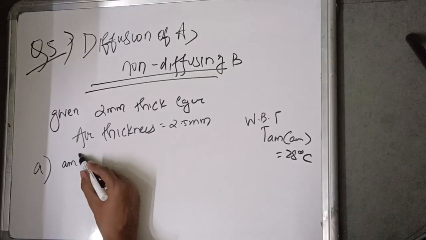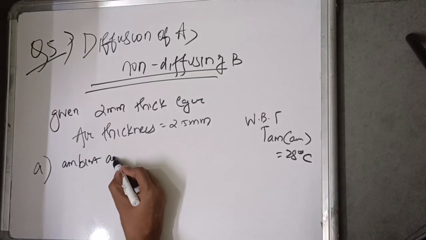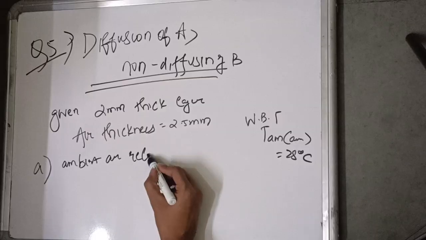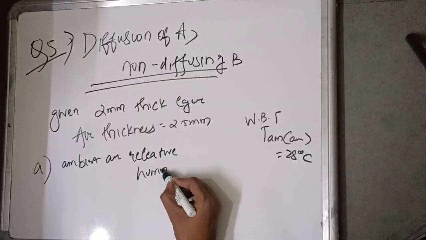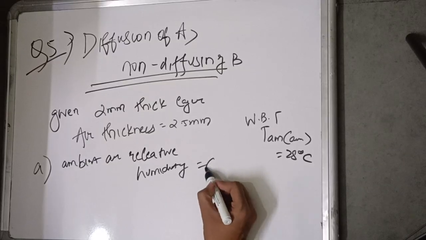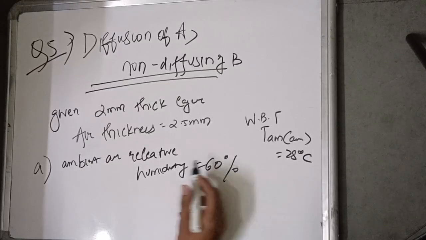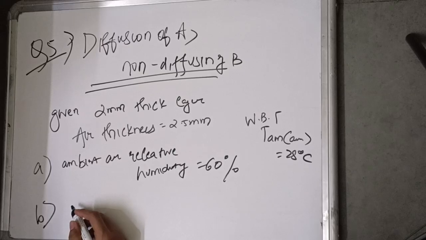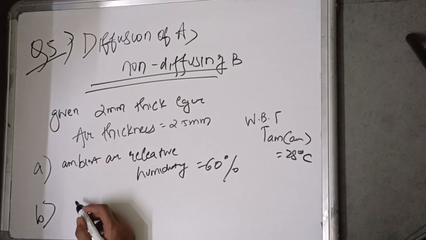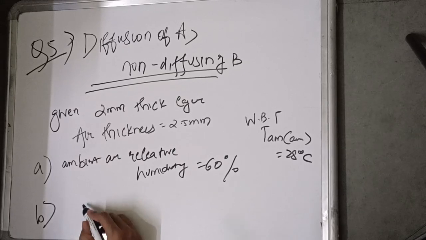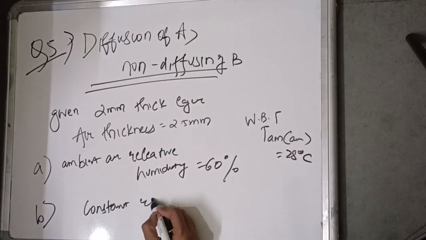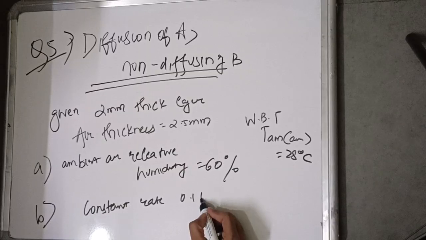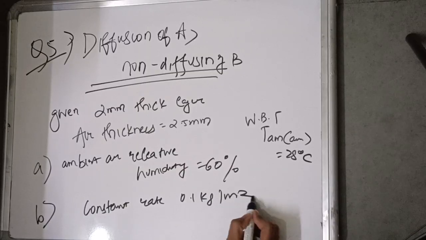The ambient air has relative humidity as 60%, and the floor has micropores and water penetrates the floor at a constant rate of 0.1 kg per meter square.